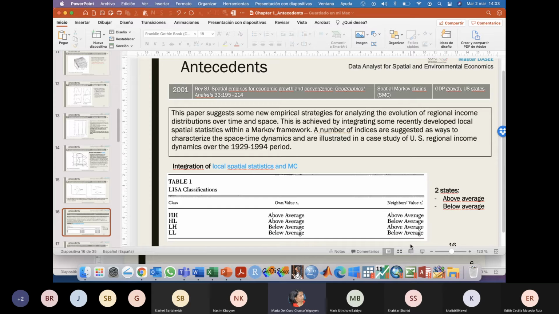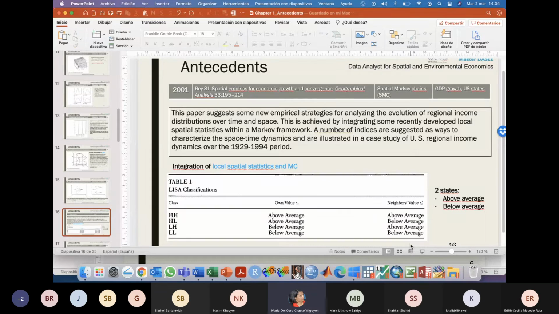And HL and LH correspond to regions with high values surrounded by regions with low values, and vice versa: low values surrounded by high values. So they are this kind of negative spatial autocorrelation. High surrounded by low, low surrounded by high.